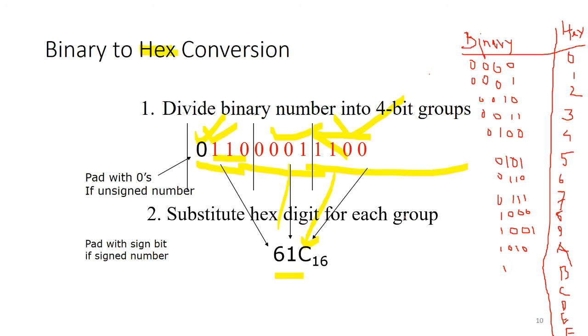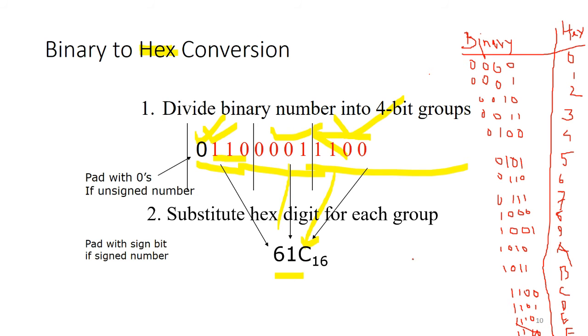B is 1011. Then what should we write? Can we write 1100? Yes, we can. C is 1100, then D is 1101, then E is 1110, and finally we will have 1111. This is our F.